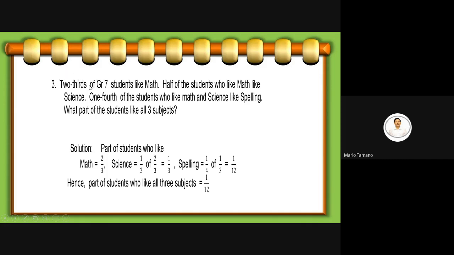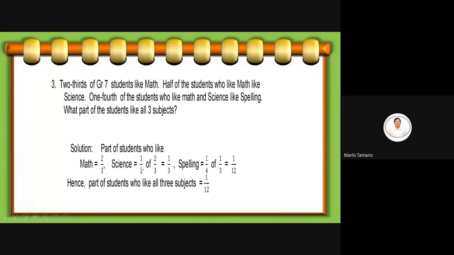Kalahati nung 2/3, ibig sabihin 1/2 of 2/3. So, let's see the solution. Part of the students who like math, that is 2/3. Science naman po, half, which is 1/2. So, 1/2 of students who like math. 1/2 of 2/3. Sagutan natin.